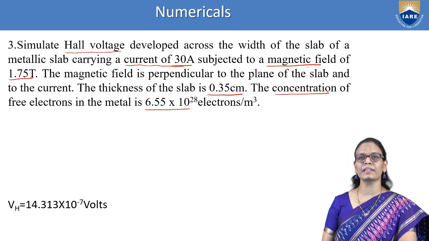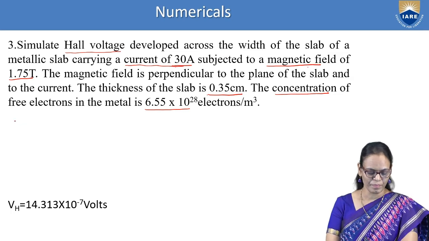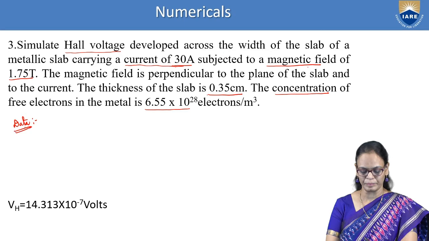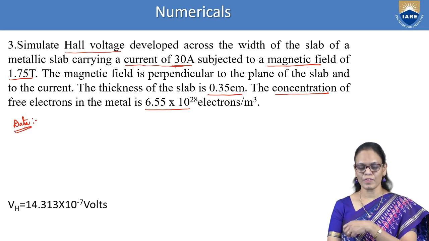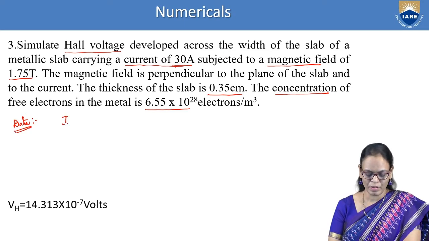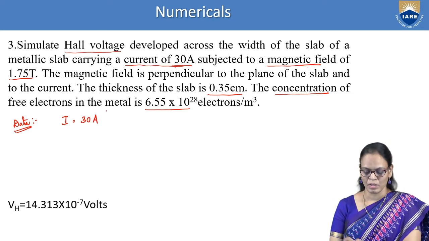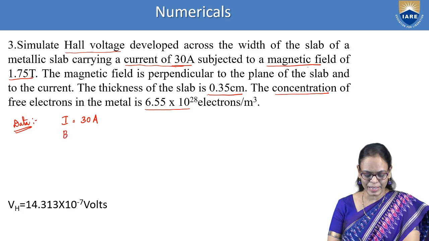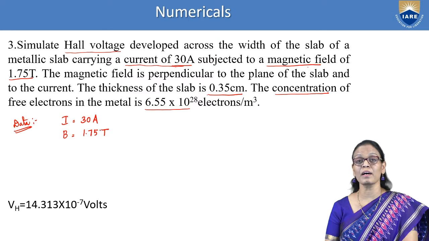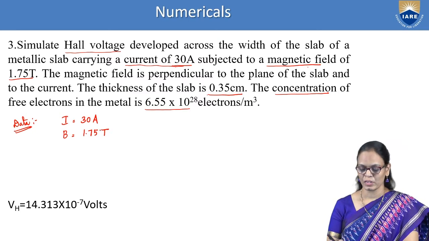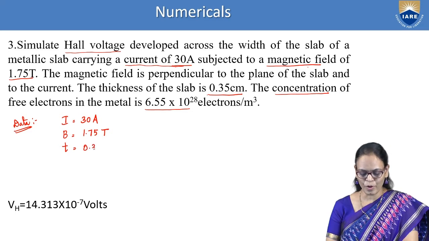So how do we calculate the Hall voltage? Write the data first. In the data, first we write the current, I is equal to 30 ampere. And then we have the magnetic field B is equal to 1.75 Tesla. Then the thickness T is equal to 0.35 centimeter.